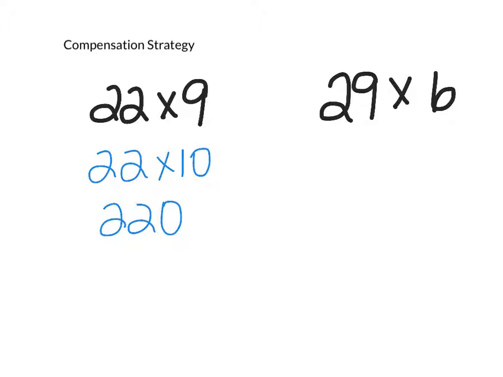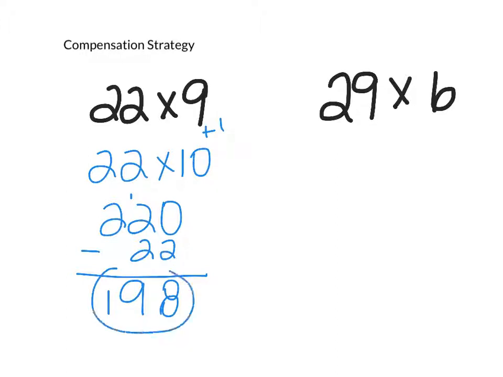But then because we added one more group of 22 here, we need to take away that same group of 22 from our answer. So we're going to have 198, like we did before.